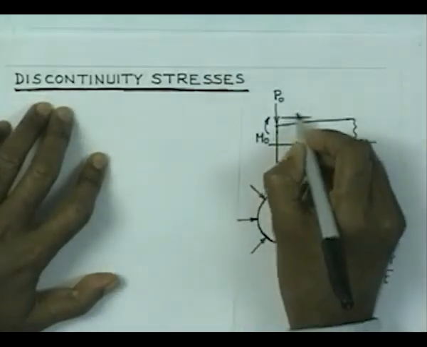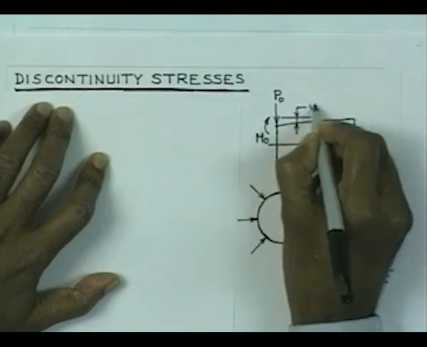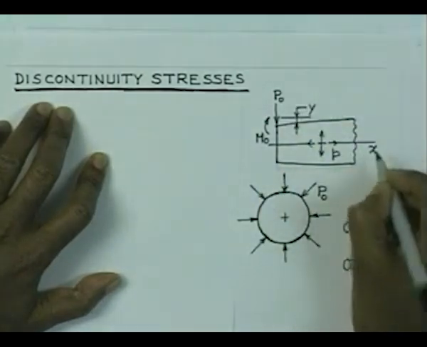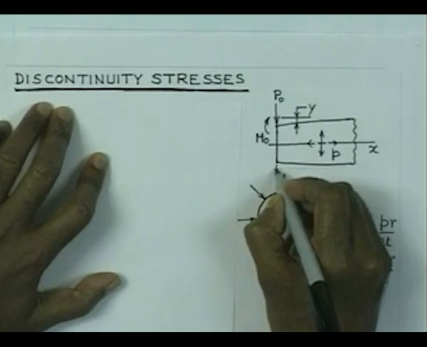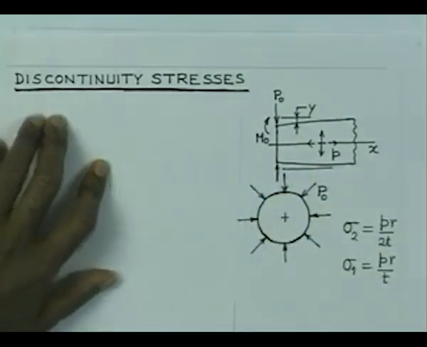Then in that case local deflection is going to be y, and we consider the coordinate to be like this. So, we have the deformation picture like this.